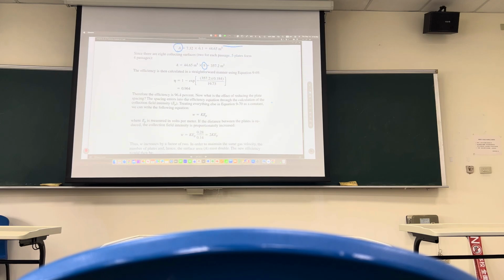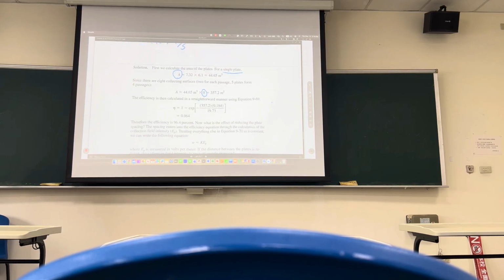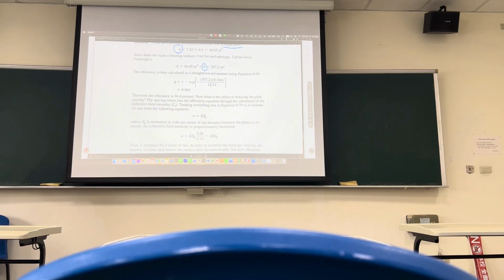That's the reason we need to times 8. Because 5 plates, but we have 4 passages. So times 8, the total area is 357.2. Okay? So put this in.